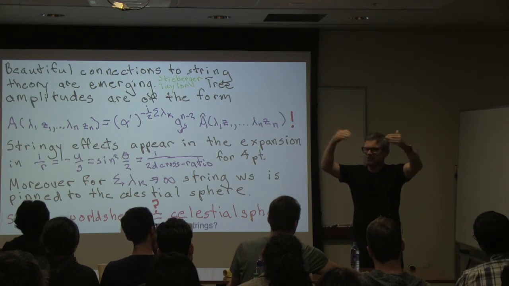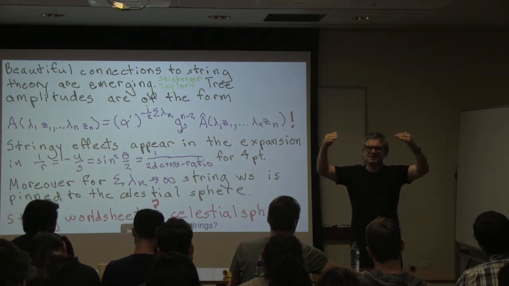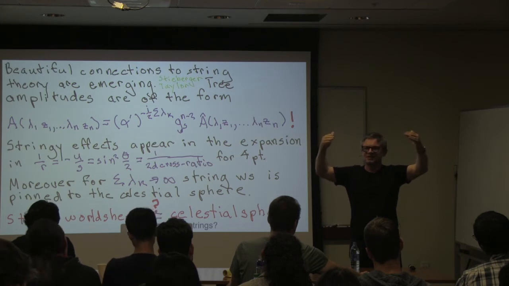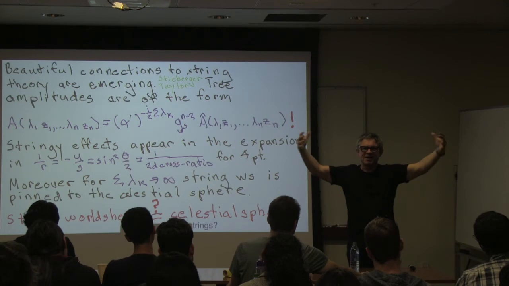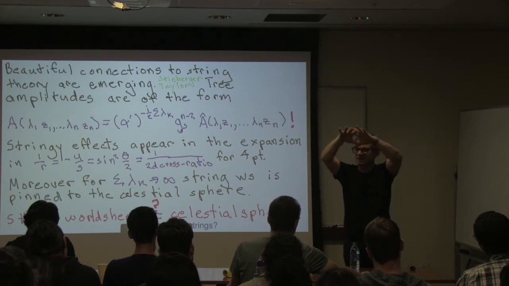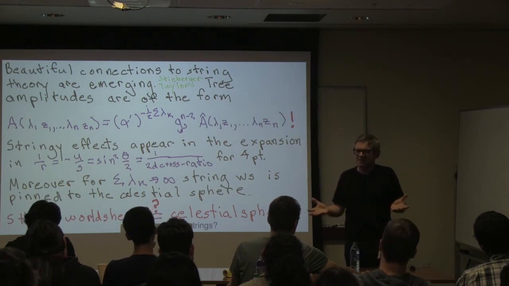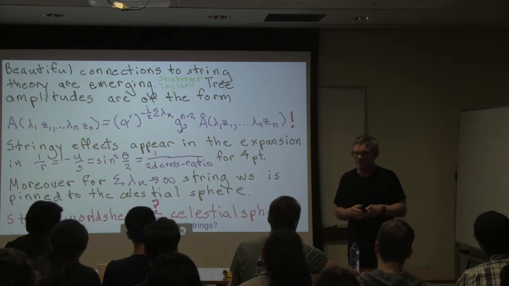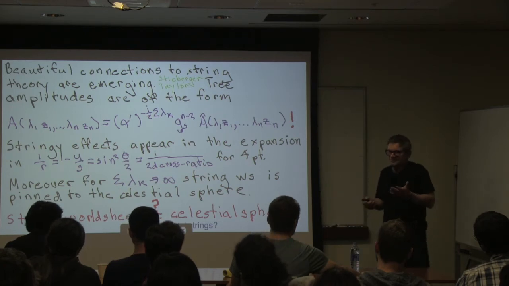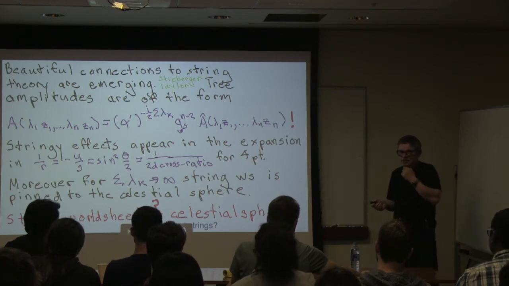There's no way to say that I'm pushing the sphere out to infinity at the same rate at every angle. And because there's no canonical way to do that, the only kind of object which can sensibly live on the celestial sphere is a conformal field theory.